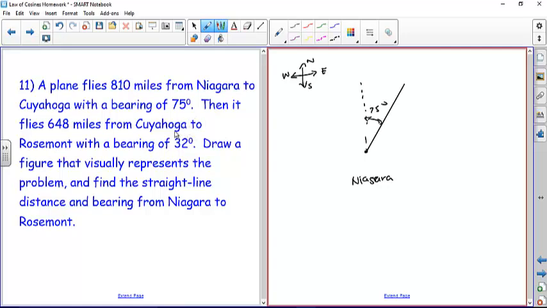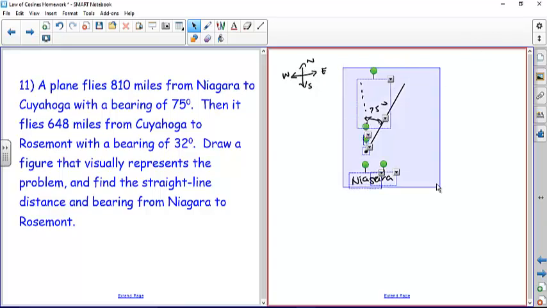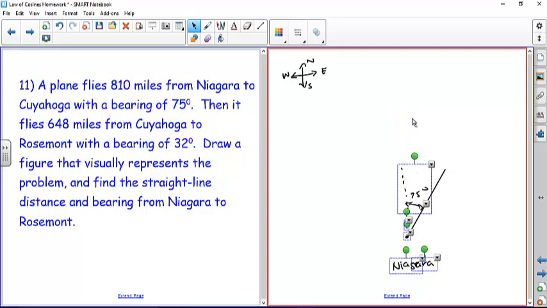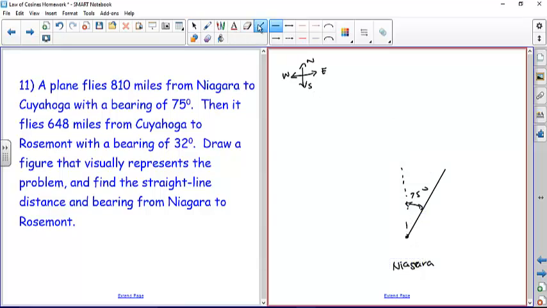Then we go from Cuyahoga to Rosemont with a bearing of 32 degrees. So 32 would be a little bit closer to north. So let's draw this down. So we go kind of like that.